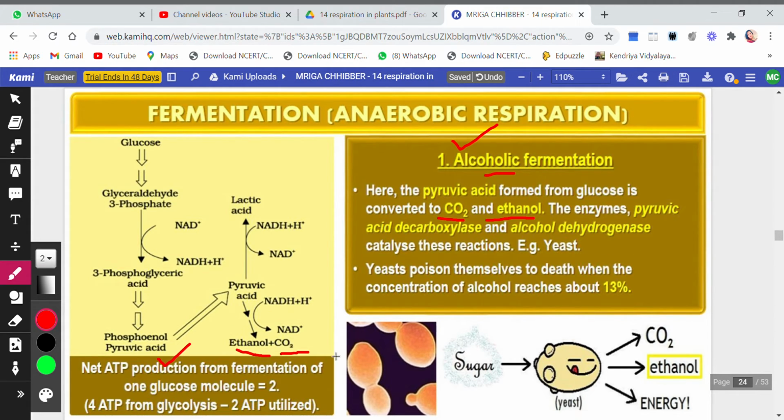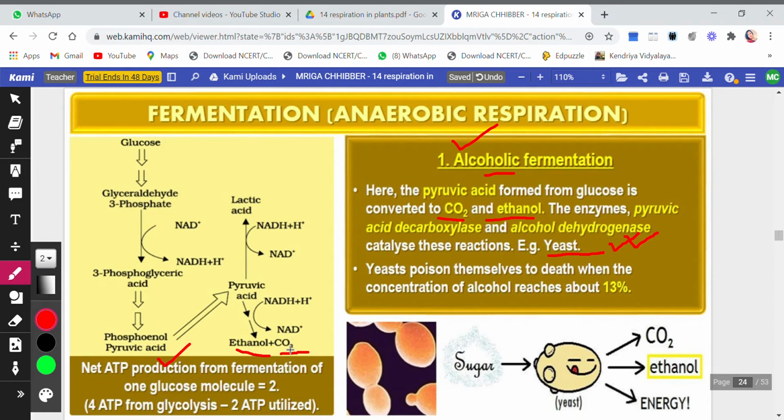And this type of reaction is basically seen in yeast. So yeast is an example where alcoholic fermentation occurs. That means yeast is a very good example where respiration results in the formation of ethyl alcohol.